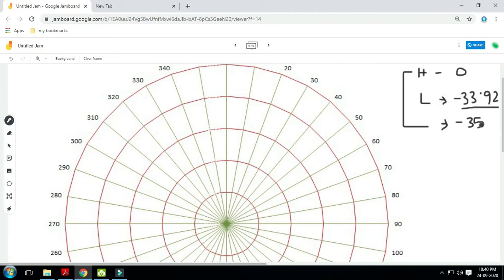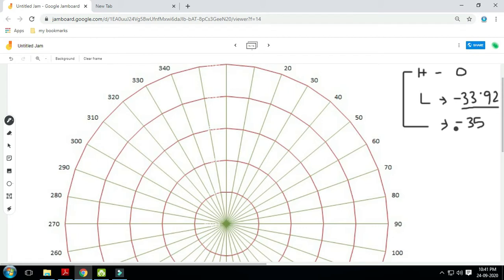So I set this range, lowest and highest range, such that all the readings should be within this range. So all my readings should be within 0 and minus 35. So this is my minimum range and this is my maximum range value.